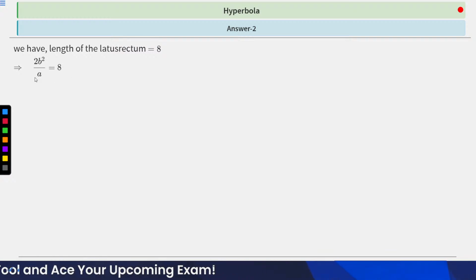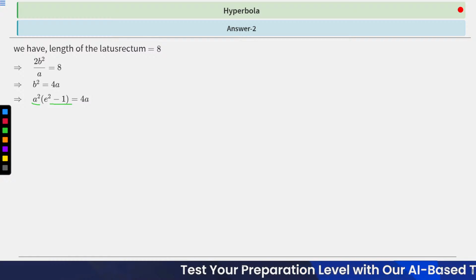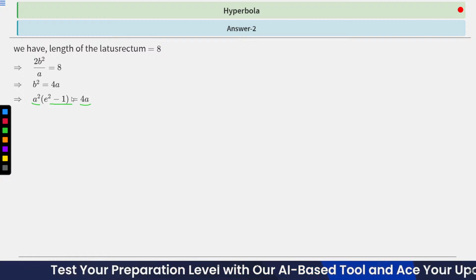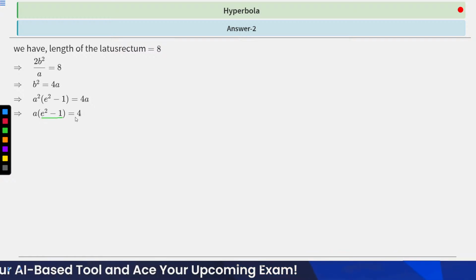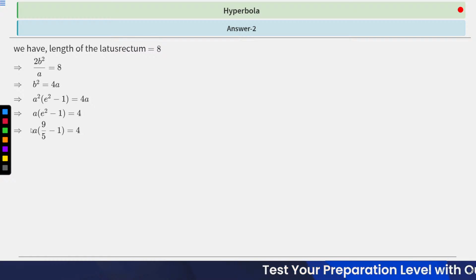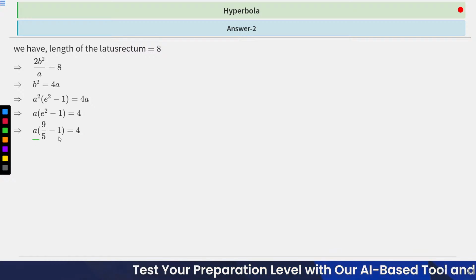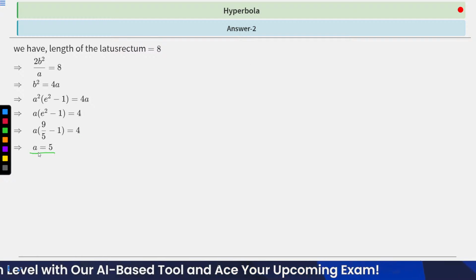So this gives me 2b square by a is equals to 8, meaning b square is equals to 4a, so a square times e square minus 1 is equals to 4a, meaning a times e square minus 1 is equals to 4. We are already given e, so we can replace e, and from here you have a times 9 by 5 minus 1 is equals to 4. From here you can easily find the value of a as 5.